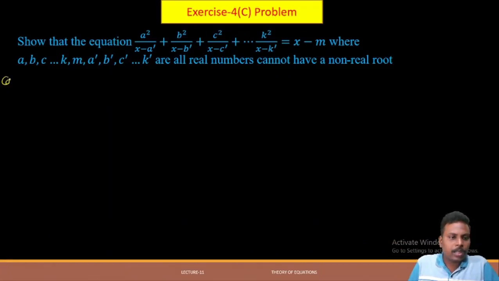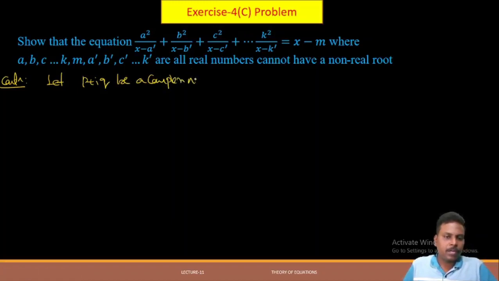Here is the continuation. Let p plus iq be a complex number which is a root of the given equation.